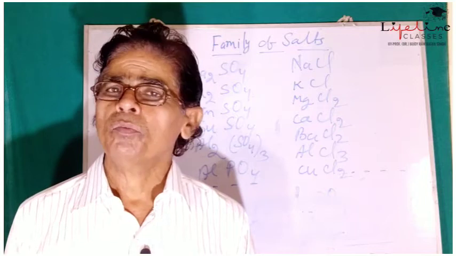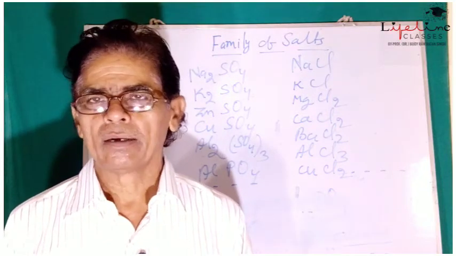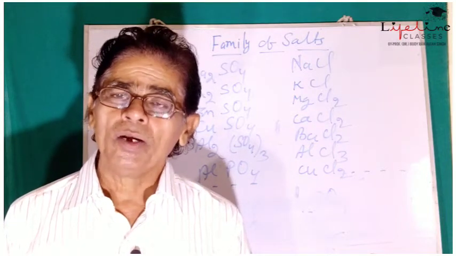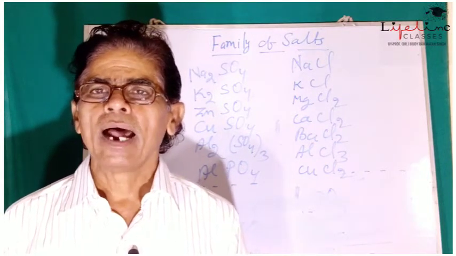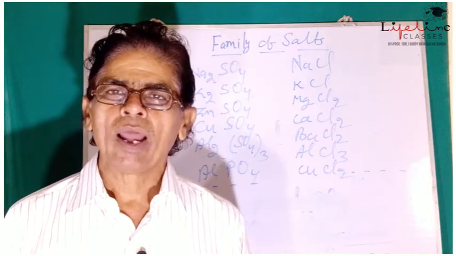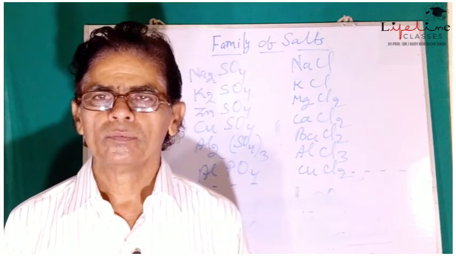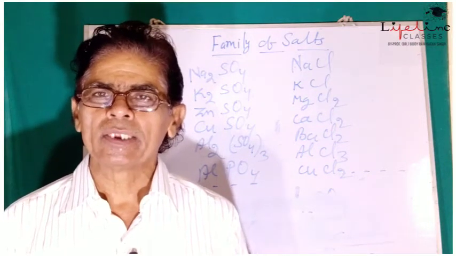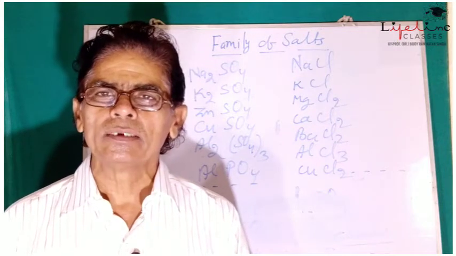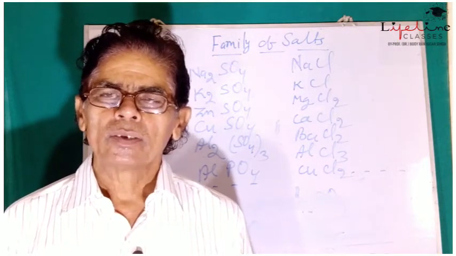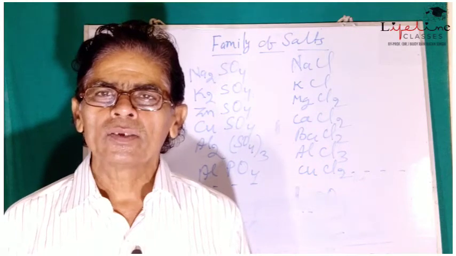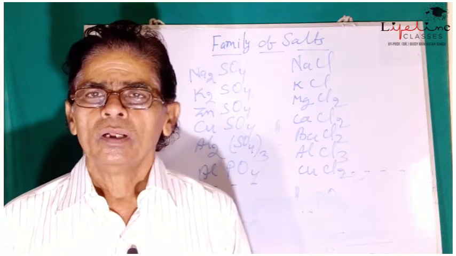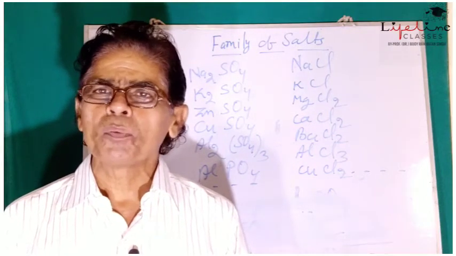I think you may be confused here, because you already know that salts are formed by the neutralization of acids and bases. So if acids neutralize bases and bases neutralize acids, then the salts must be neutral in nature, because salts are the neutralization products of acid and base.